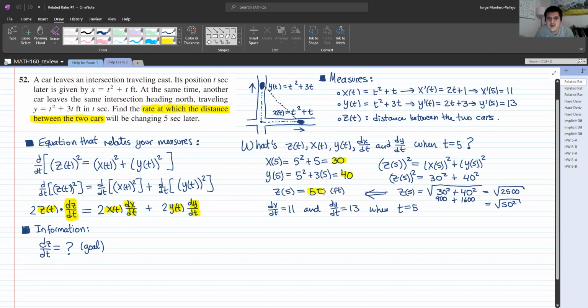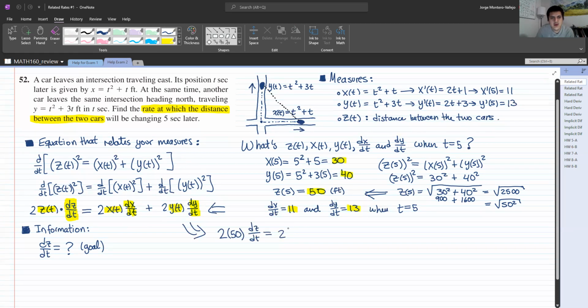So it's this, and then this, and then that, right? So we need to then come back to the differentiated equation that we wrote over here, and we are now going to plug in our values. Okay, so 2 z of t, we found that that is 50. And then we have dz/dt, which is the thing that we are going after. That's our goal.